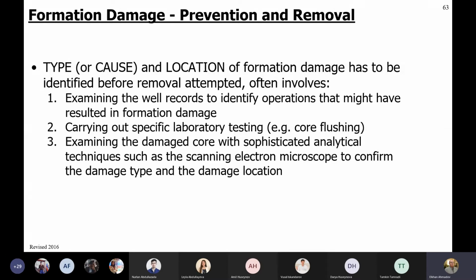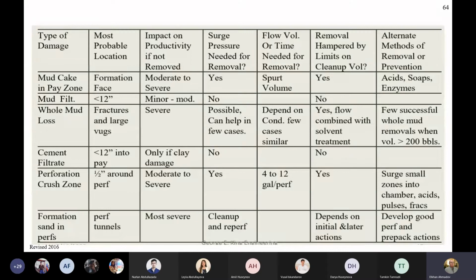Then we can go to the different types and the remedies, what we can do with this, where the impact is, and what the impact on productivity is.